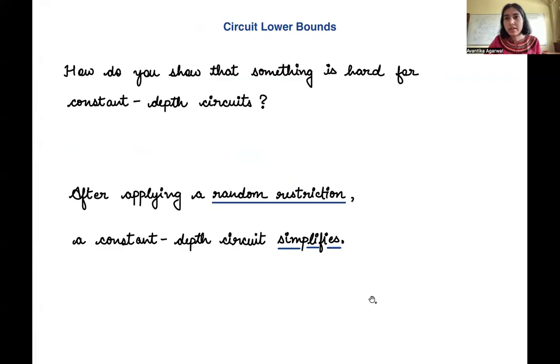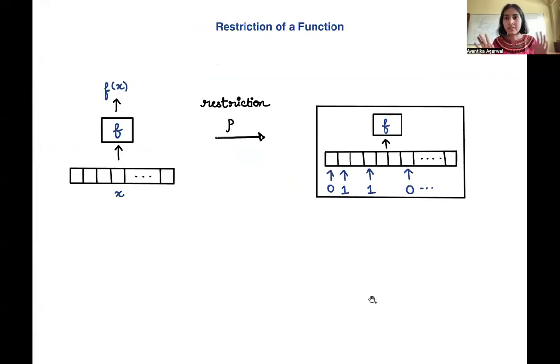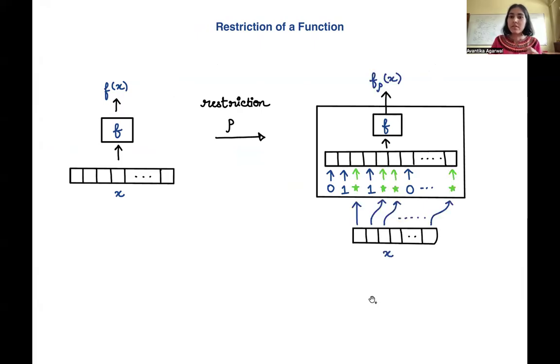So let's start by looking at random restrictions. And let's start by just looking at what is a restriction. So suppose we have some function f, it takes some input x and outputs f of x. So now what is a restriction of f? So a restriction rho of f is we'll take some input bits of f, set them to some fixed 0 and 1 values. And now how do we evaluate this restricted function?